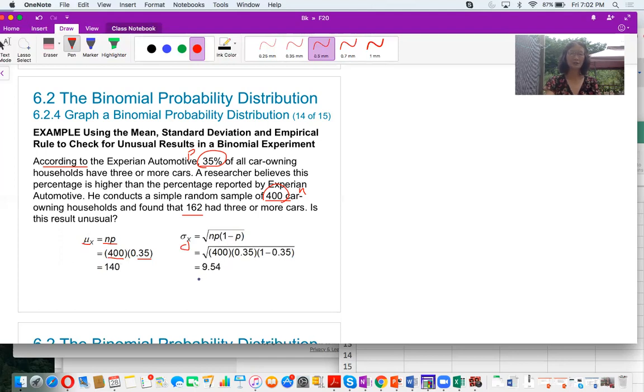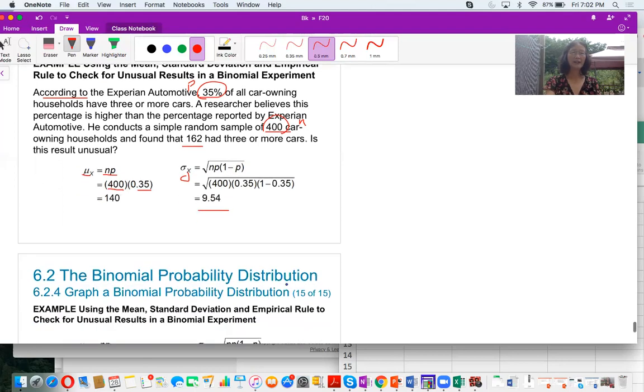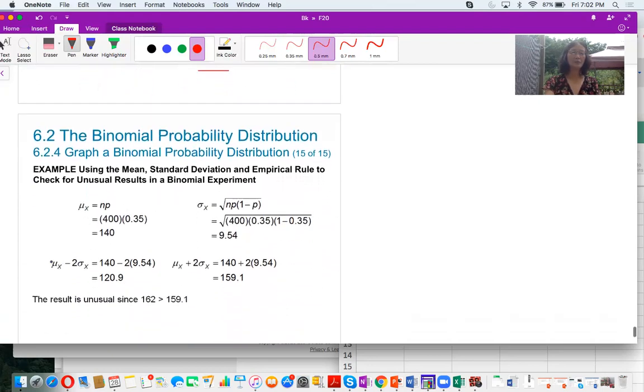And then we do mu minus 2 times the standard deviation, mu plus 2 times the standard deviation, and we get these two numbers. So the usual number should be between 120.9 and 159.1.